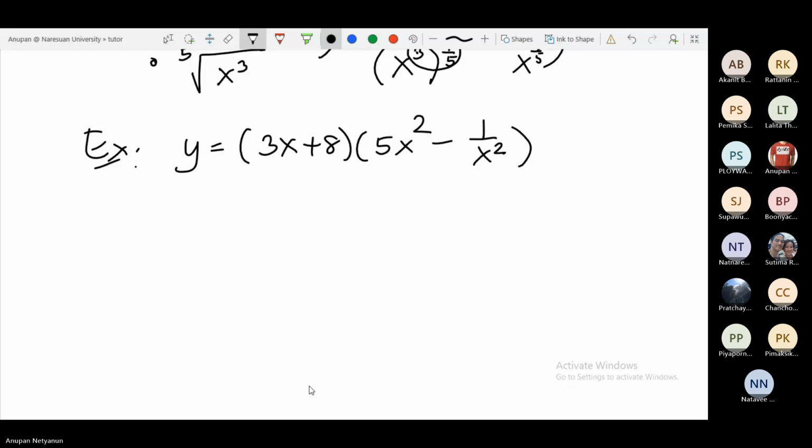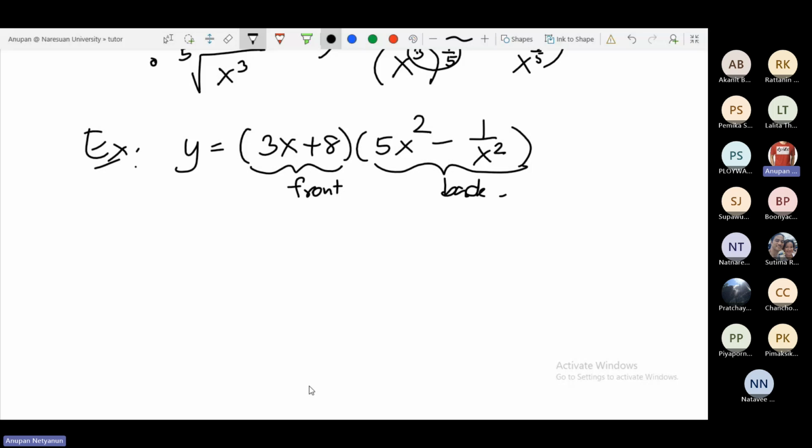Now, this one, you can see that I can apply the multiplication rules for derivative, right? Since you have this guy, you can think of it as a front, and this as your back function, okay?